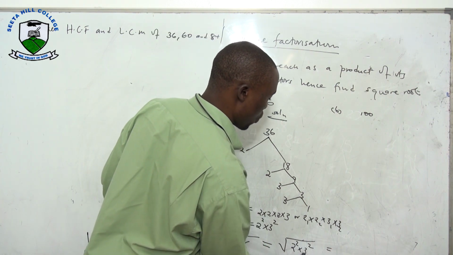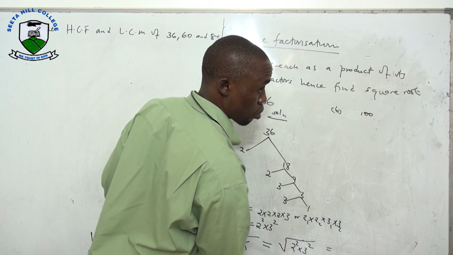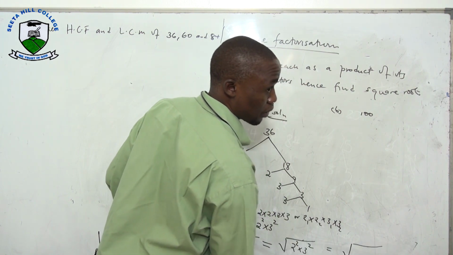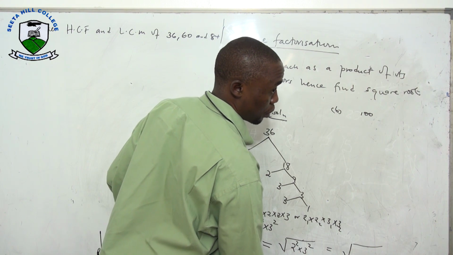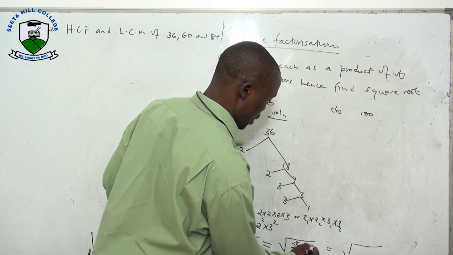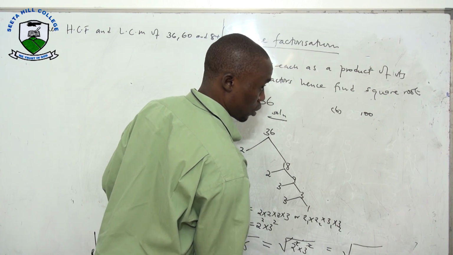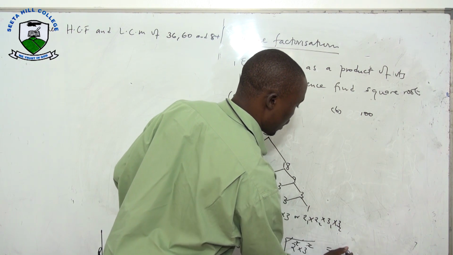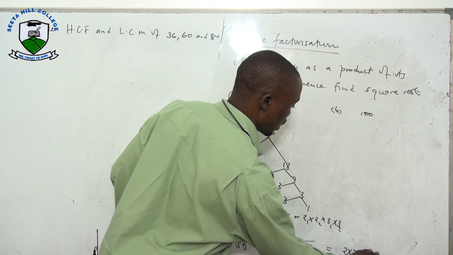Both have a square. The square always dies with the square root. That means each will lose its square to give us 2 times 3, which is 6.